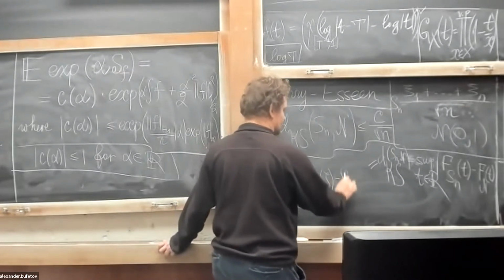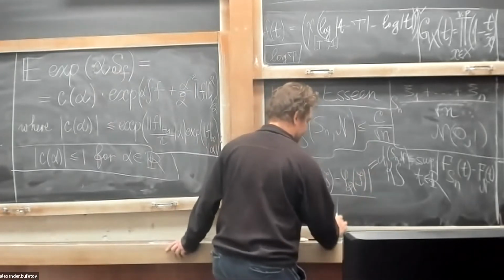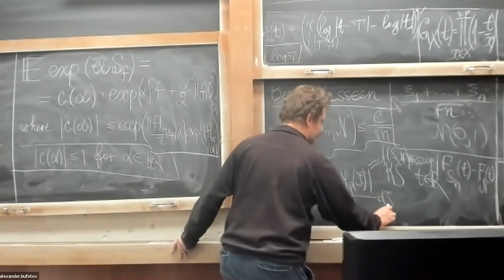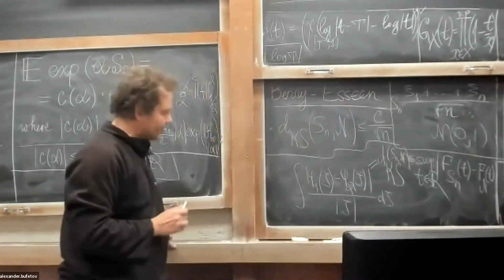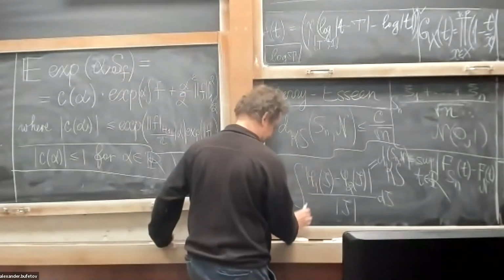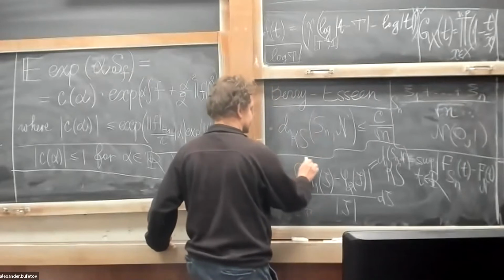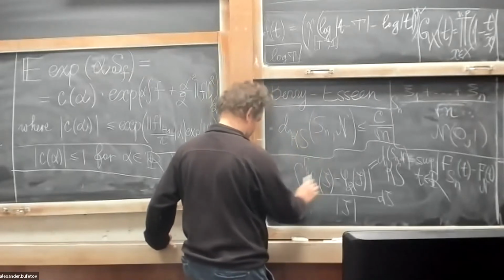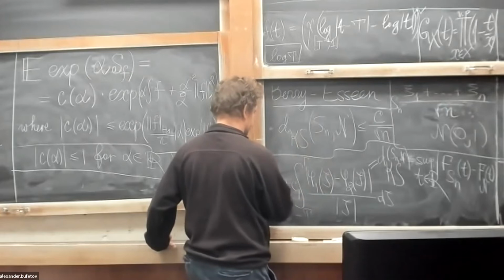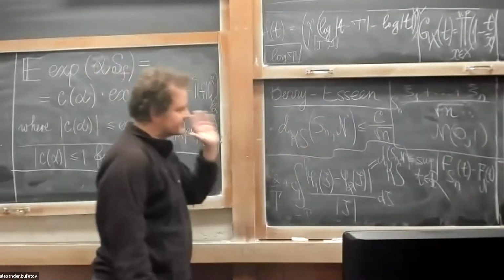Phi1 and phi2 are the corresponding characteristic functions. This integral as such usually diverges, so it suffices, as observed by Berry and Esseen, to take the integral from minus T to T. Then there is a constant which I do not remember, and then there is a correction term C2 over T. And then there is a whole game of optimizing these constants C1 and C2.